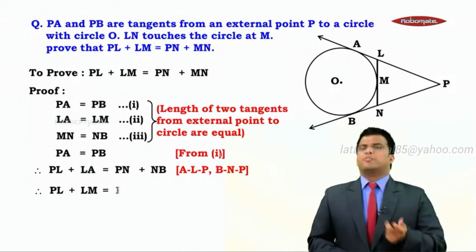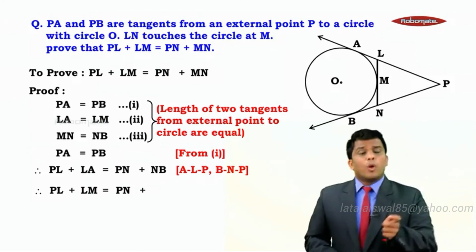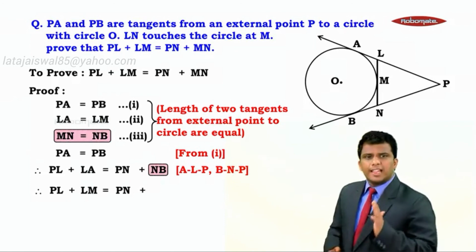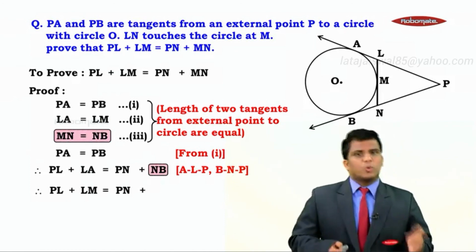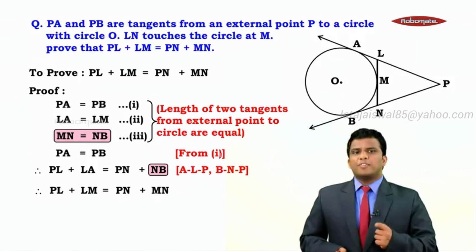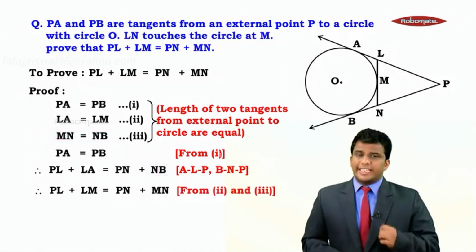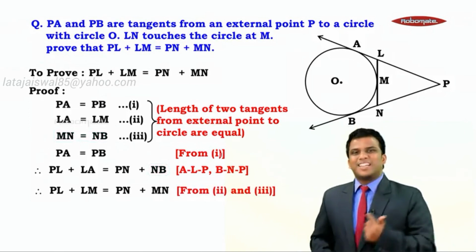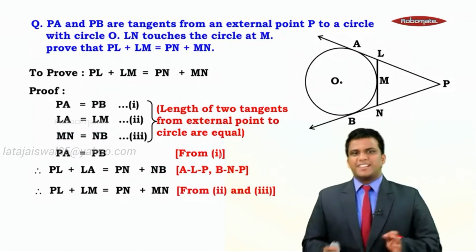That's now equal to, we want P and so we'll repeat it. What about NB? We don't want NB. In result number 3, NB is equal to MN. So we replace NB as MN. The reason we write is from 2 and 3. And you know what? We have already proved what we require. That is PL plus LM equals PN plus MN.